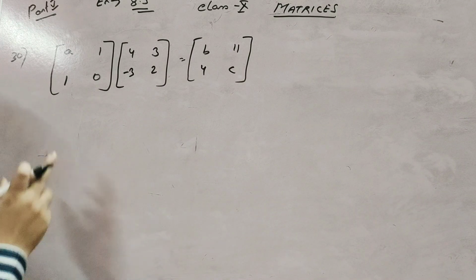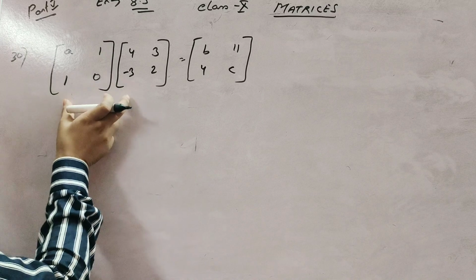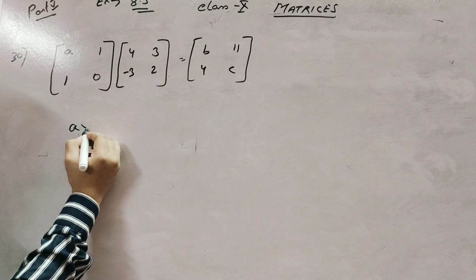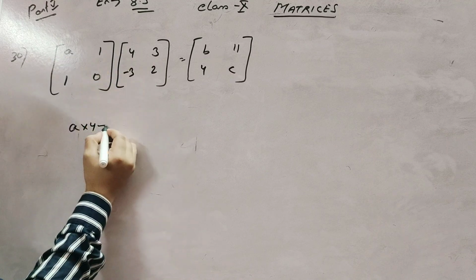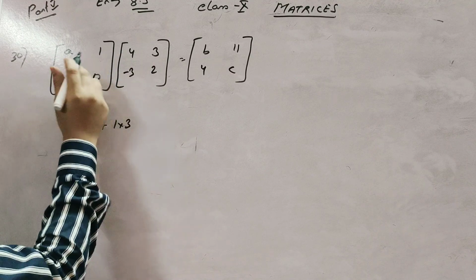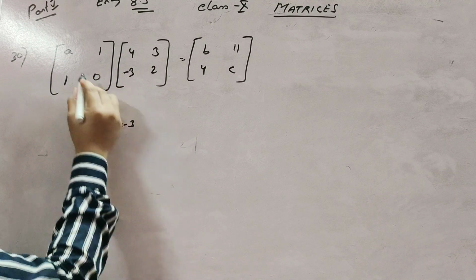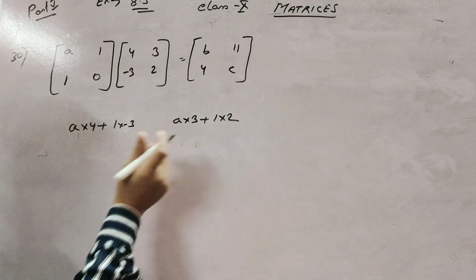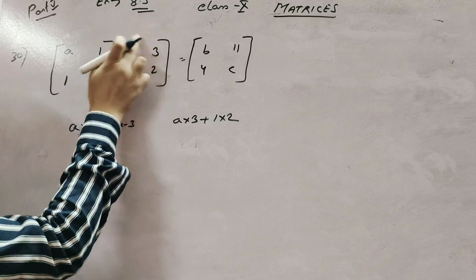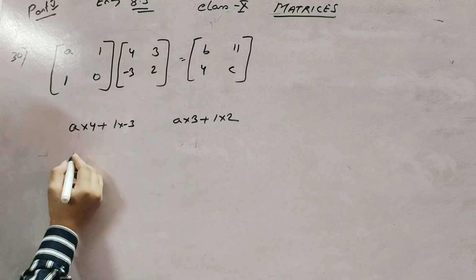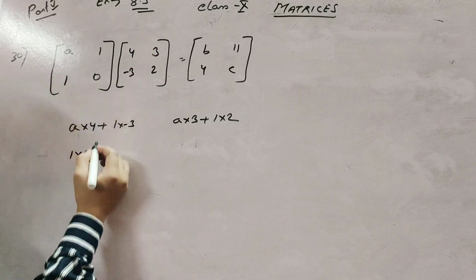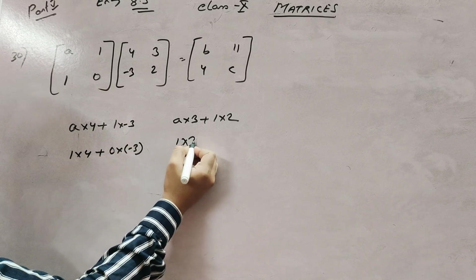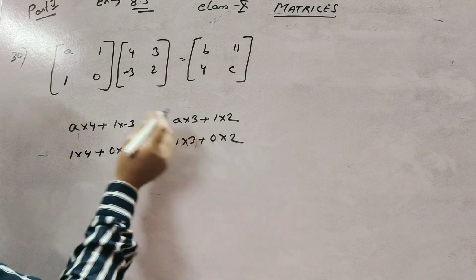Okay, so first of all we know the rules of multiplication, row into column, row into column. That means a into 4 plus 1 into -3, a into 3 plus 1 into 2. Okay, now 1 into 4 plus 0 into -3, 1 into 3 plus 0 into 2.